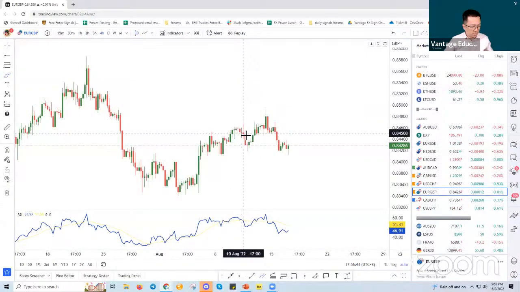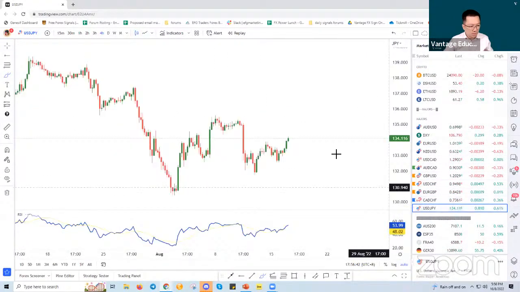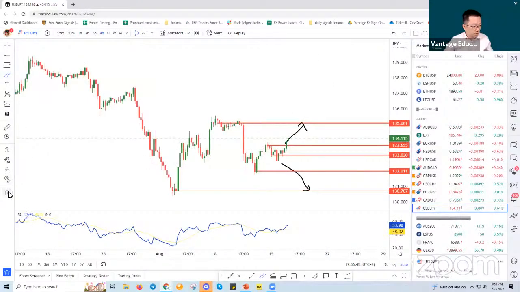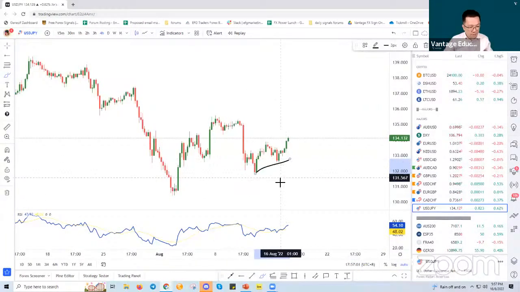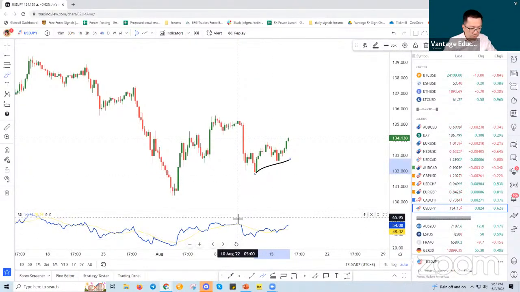Nope, nothing yet. US yen might have something actually. I would think we would like to see what happens as it climbs up. All right, you can see that push higher, that price forming a higher high, but no, nothing yet at that point.